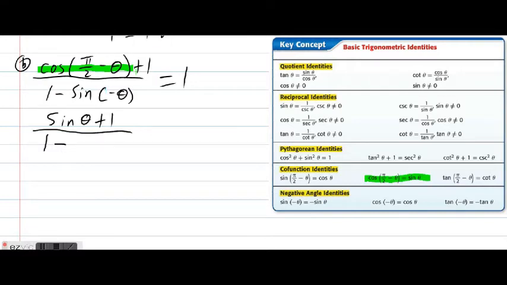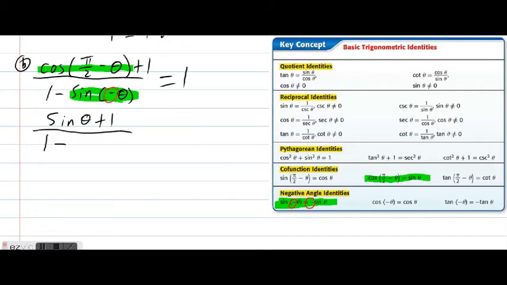Now I'm looking at this negative right there, sine of negative theta. All we're doing is we take this negative and we shift it out into the front.